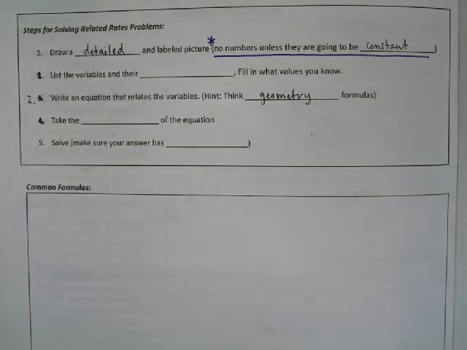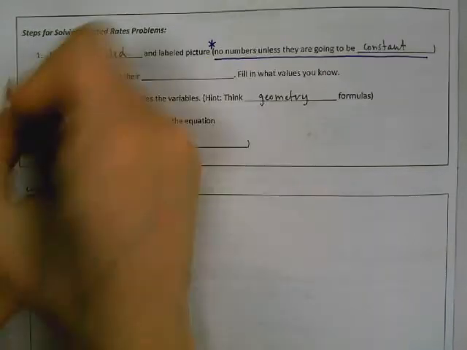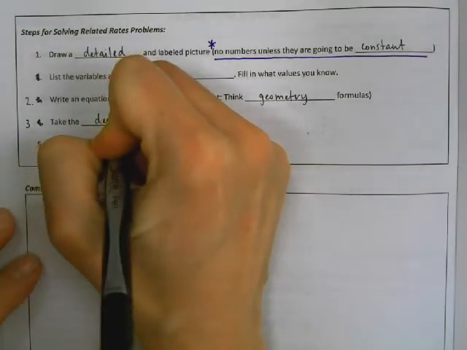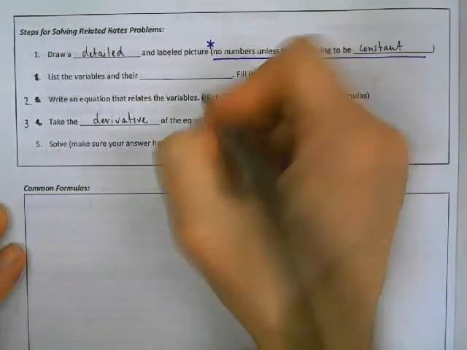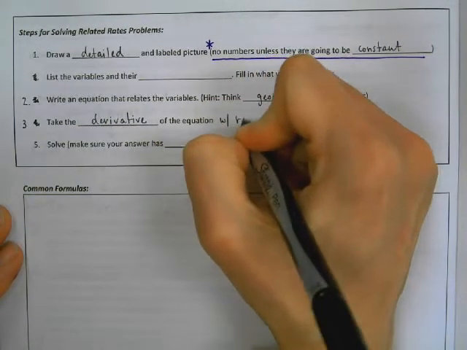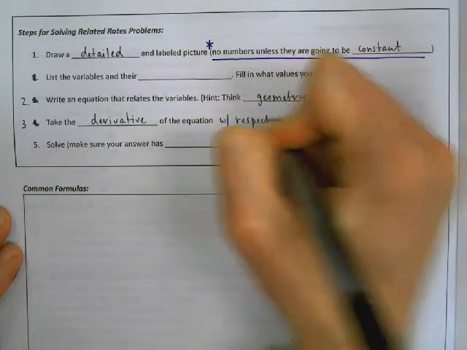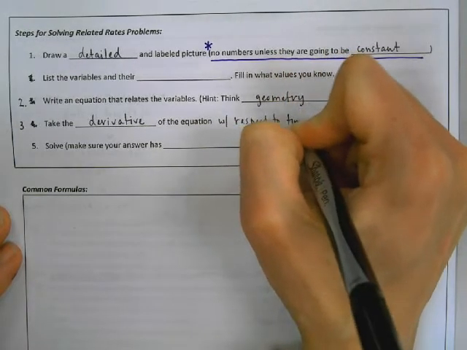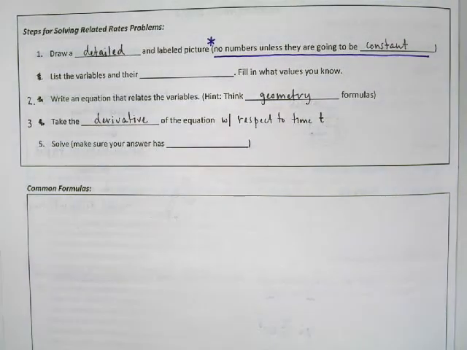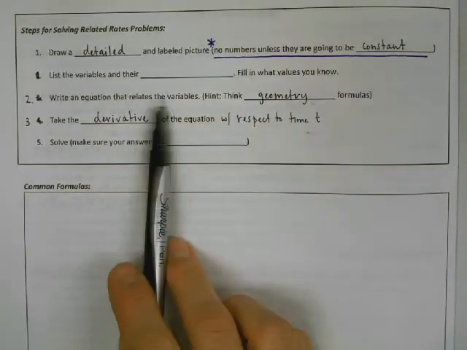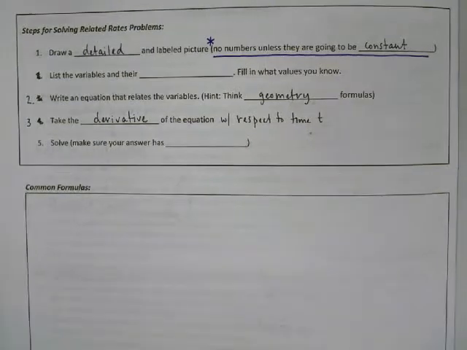Okay, so we're going to write an equation that relates the variables. Then we're going to take the derivative of the equation, and I'm going to add with respect to time t. So that's essentially what we were just doing on the previous page, was practicing writing the equation and then taking the derivative.